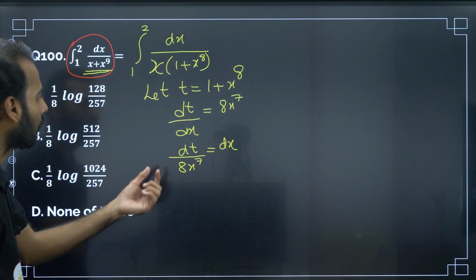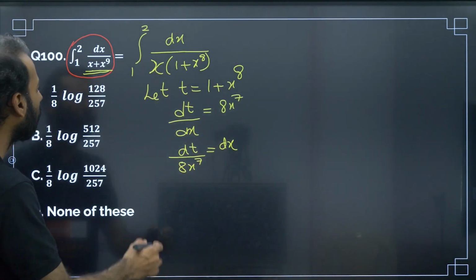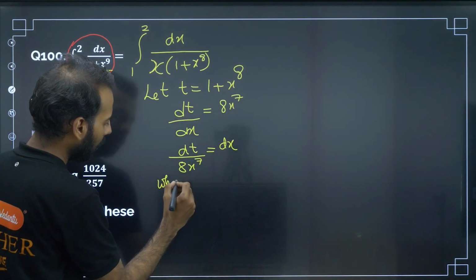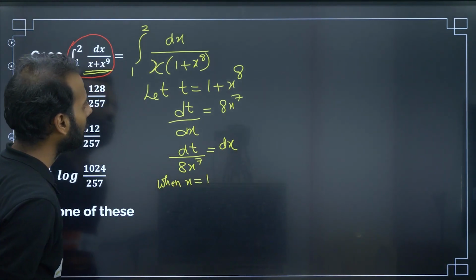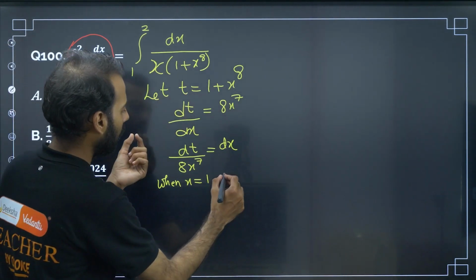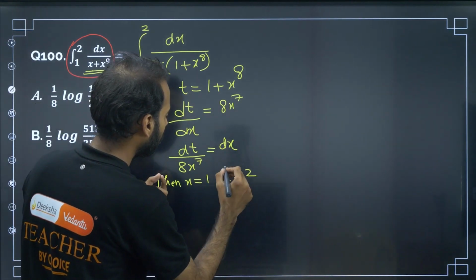So I think you might have understood this. Limits also we have to change. When x is 1, t will be 2.